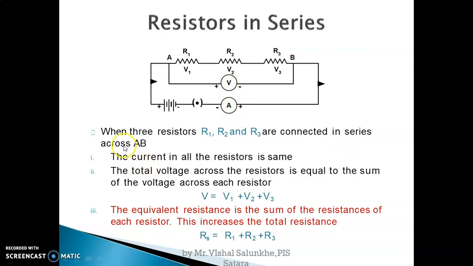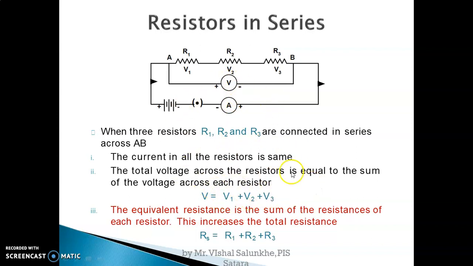So when three resistors R1, R2 and R3 are connected in series across AB, the current in all resistors is the same. The total voltage across the resistors is equal to the sum of the voltages across each resistor, as I said. So V is equal to V1 plus V2 plus V3.